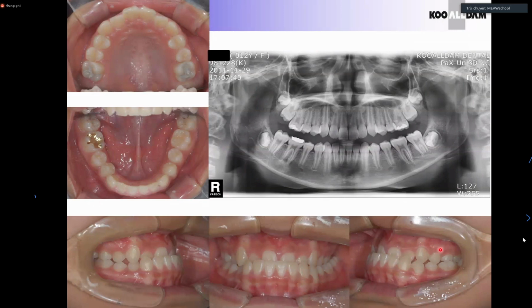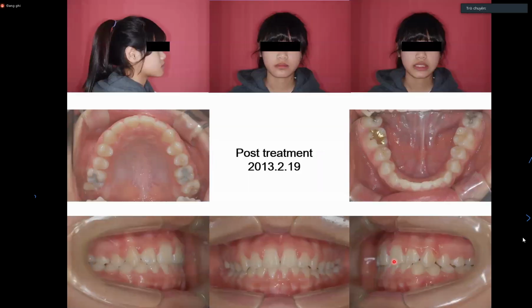Especially on the left side, we can see severe class 3 malocclusion. Even though this patient has severe class 3 malocclusion, we can achieve this without surgery. Her profile is improved.